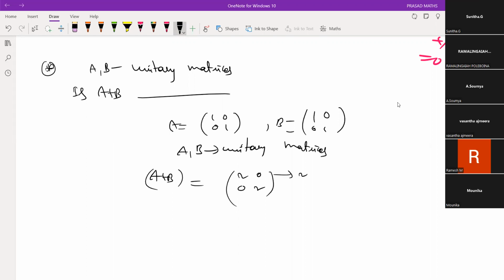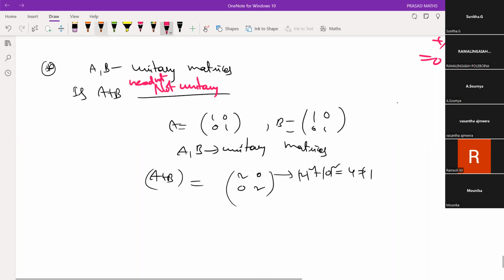Because the sum of the squares of the modulus of each row should be 1, but it fails to satisfy the first property. Therefore, it is not an orthogonal or unitary matrix.